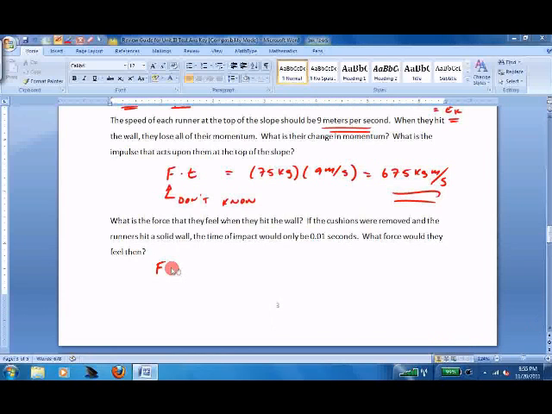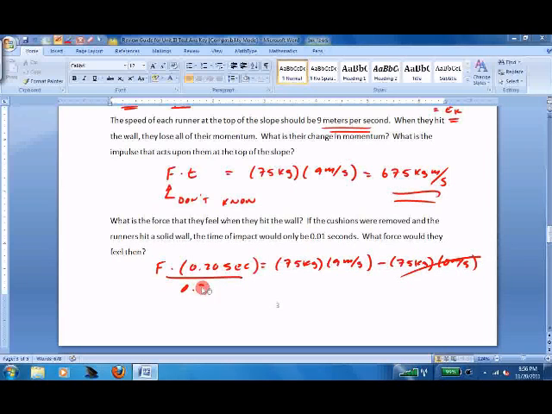Well, we're back to F times T. We know this, 0.20 seconds. And we just calculated this. It's going to be their change in momentum, which is 75 kilograms times 9 meters per second minus 75 kilograms times 0 meters per second, which cancels.